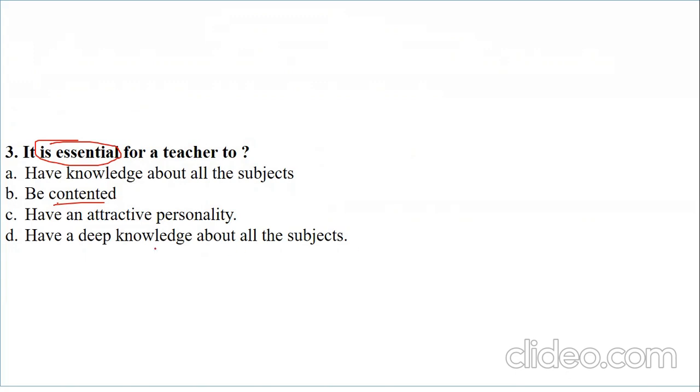Now, if you go with the reducing option, having an attractive personality is not important. We have teachers with not a very good personality but with very good knowledge, so knowledge plays an important role. Be contented cannot be an option. So the two options left in front of us are to have knowledge about all the subjects and to have deep knowledge about all the subjects.